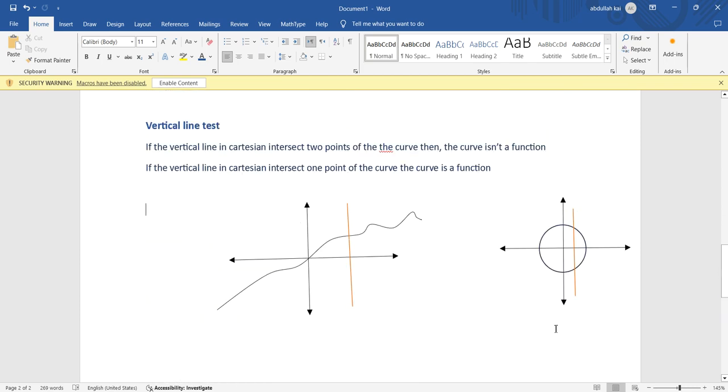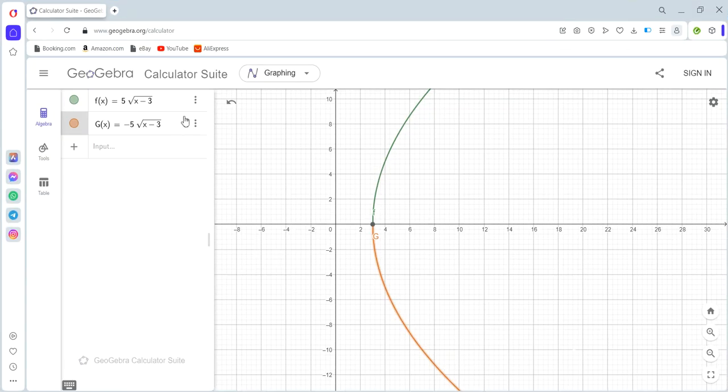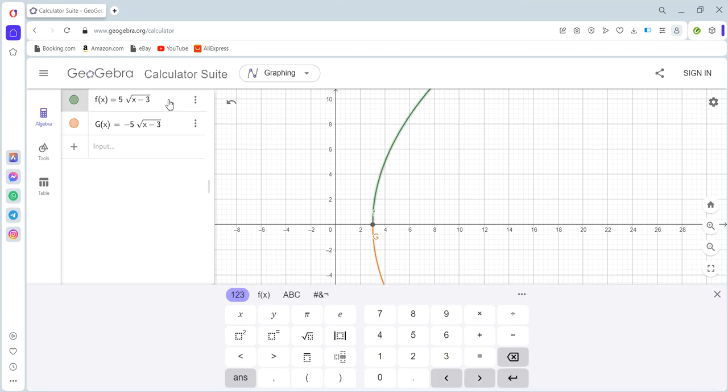Let's go to GeoGebra to prove the rule. For example, I have this function, square root of 1 minus x squared.